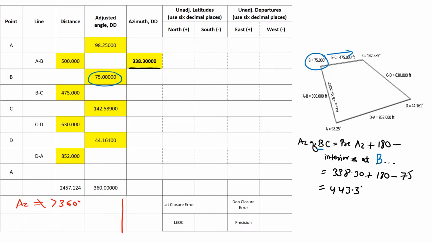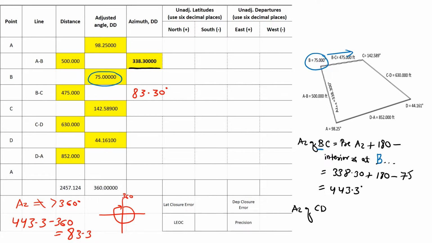You can visualize it this way: one whole turn is 360 degrees, so how can the azimuth be more than 360 degrees? When the azimuth is more than 360 degrees, just subtract 360 degrees from that value. So 443.3 minus 360 gives you 83.3, and the azimuth of BC would be 83.30 degrees.